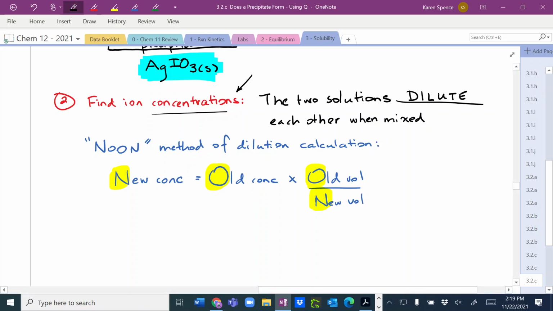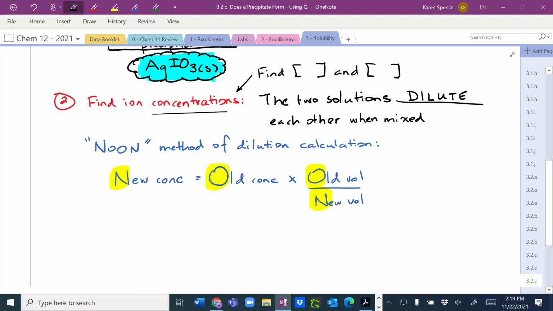I want to find the concentration of what, and the concentration of what else? Remember, my precipitate is silver iodate. Which ions do I care about? Silver and iodate.